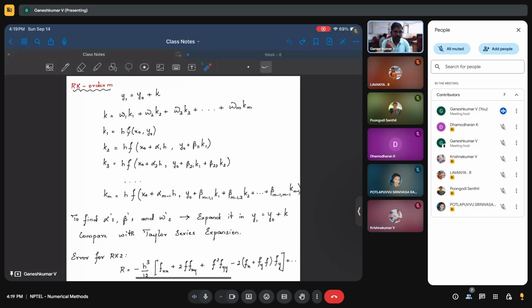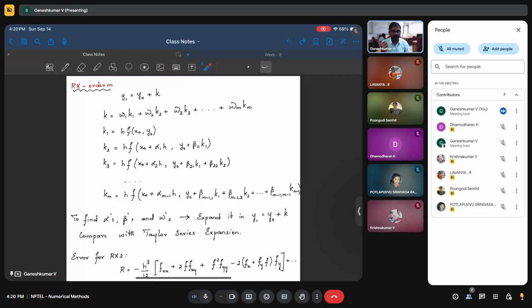Now you may not have enough equations to find the constants, so sometimes you can arbitrarily choose a constant. Let's say I chose omega 1 to be 1, or omega 2 to be 1 by 2. If you choose a certain number of constants, the remaining constants are dictated by those equations from the Taylor series, and that is how you get alphas, betas and omegas.